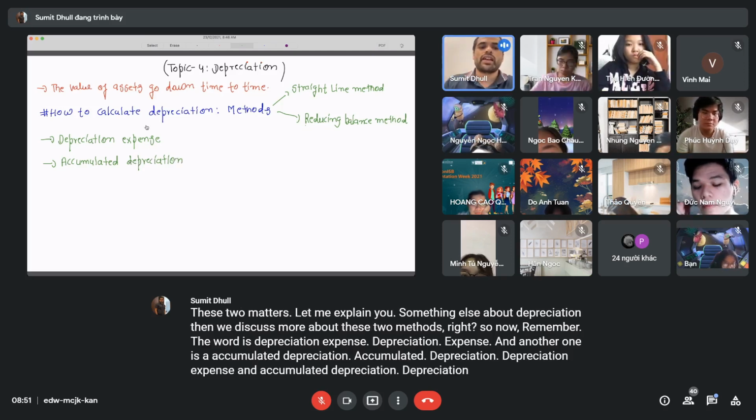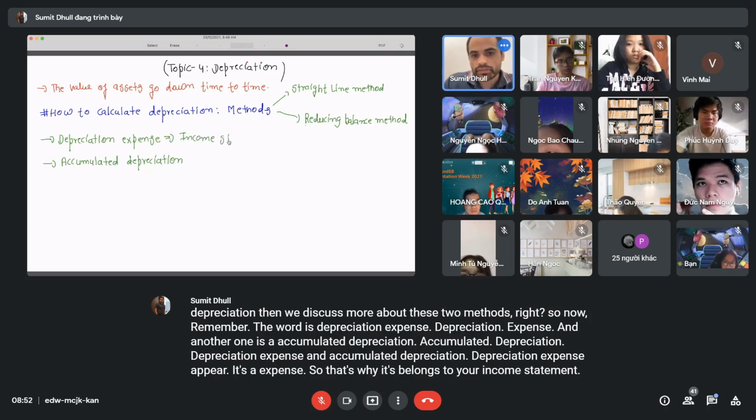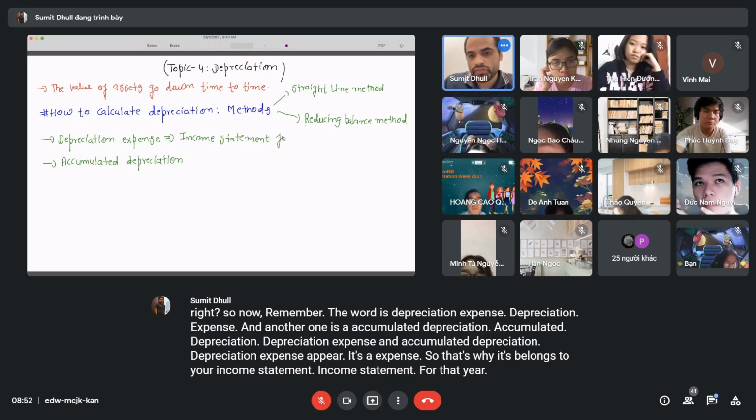Depreciation expense appears as an expense. So that's why it belongs to your income statement, for that year.